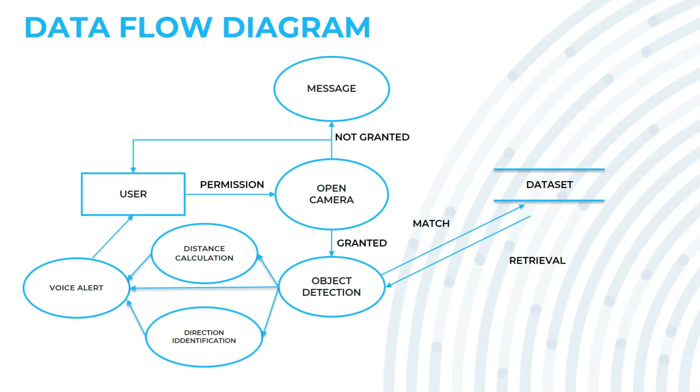If the permission is granted, then the object detection tries to match with the model which is trained using the dataset and retrieves information about the object. And after detecting the object, the distance calculation and direction identification with that particular object is done, and the output of all three modules like object detection and distance calculation and direction identification is given in terms of voice alert to the user.